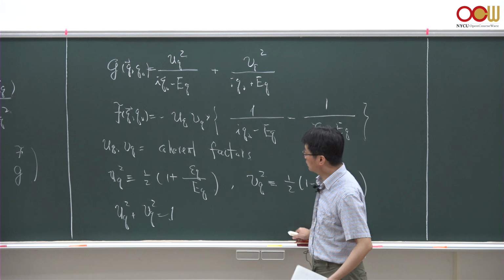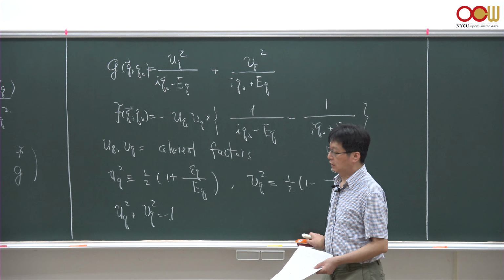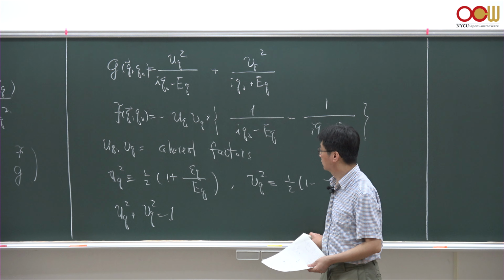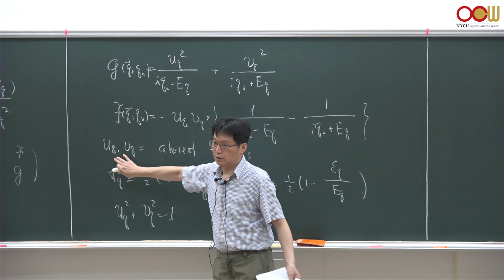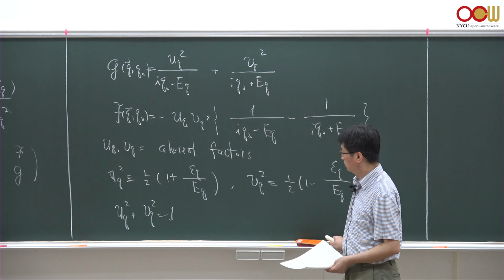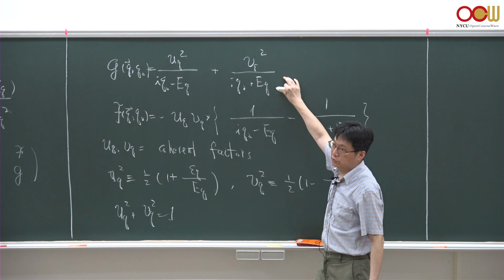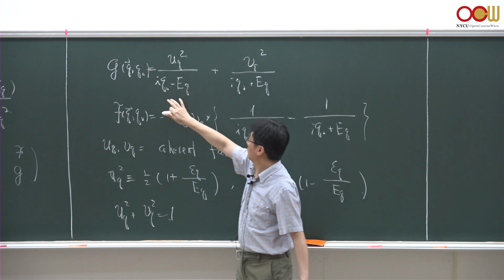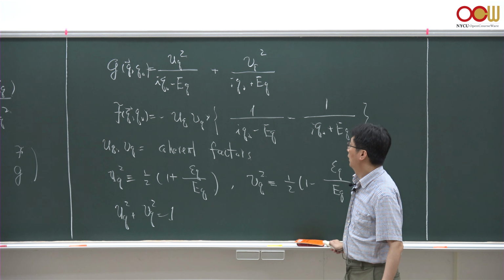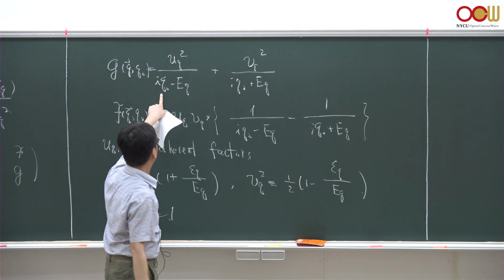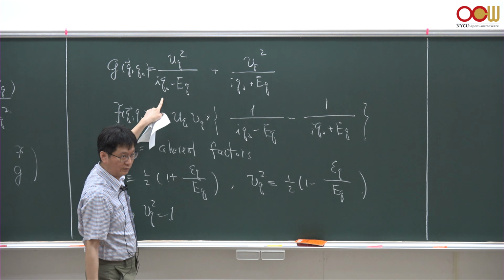The precise definition and interpretation of these coherence factors can be found in our earlier lecture notes from the previous semester, in Advanced Solid State 1, where we defined such coherence factors, so I won't repeat that. But this is a convenient way to rewrite the Green's functions G and F, because if you perform a contour integration for G or F, you know immediately what you get, since there's a simple pole right here.